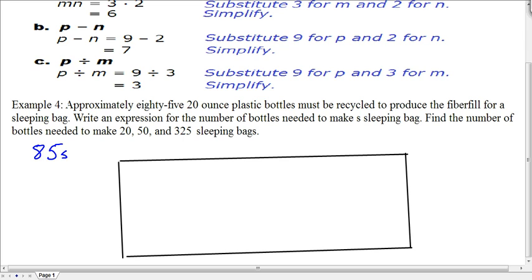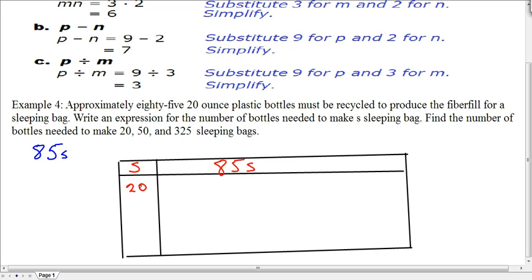Okay, now let's go ahead and do this part. Okay, so we can see that here the label is S, and we'll put our expression in this part, which is 85 times S. So we can see the first thing we want to evaluate is 20.